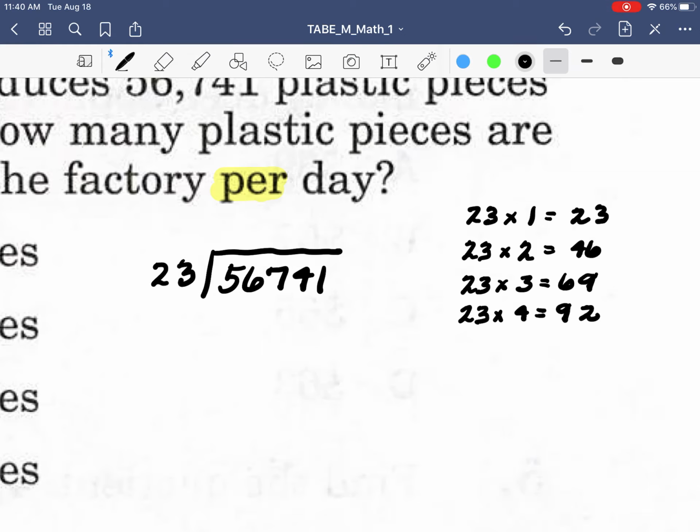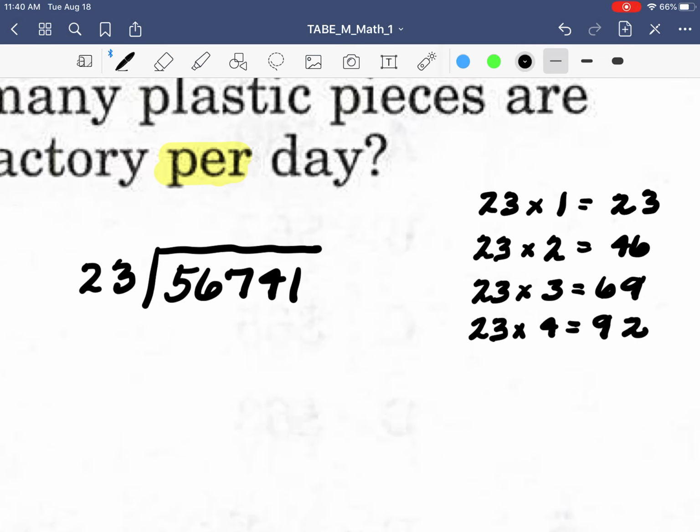And I'm going to leave it there. Let's see if that's enough. 23 cannot go into 5, but it goes into 56 one time. No, sorry, 2 times to get 46. So you have 10 left and then 107.